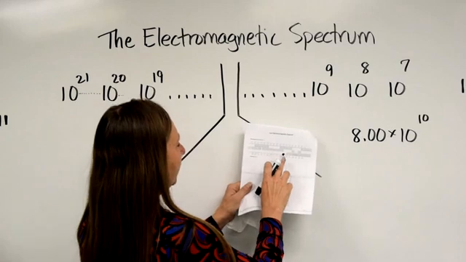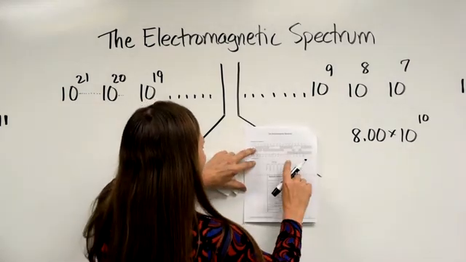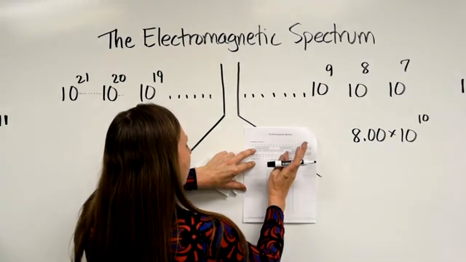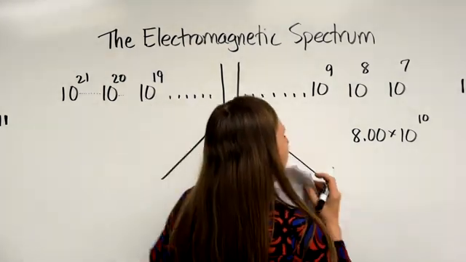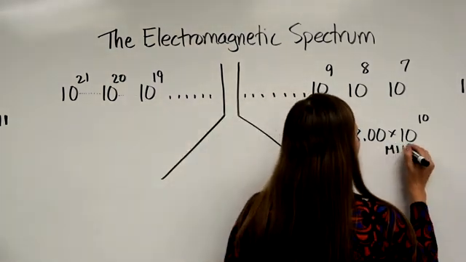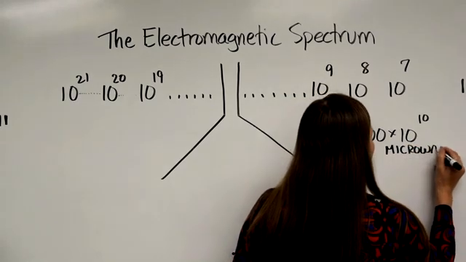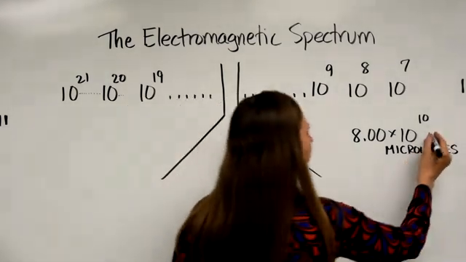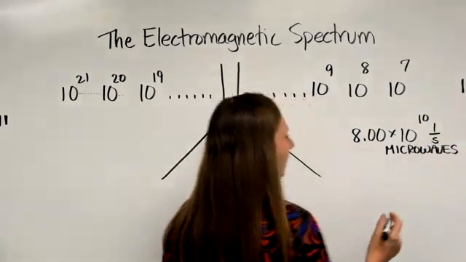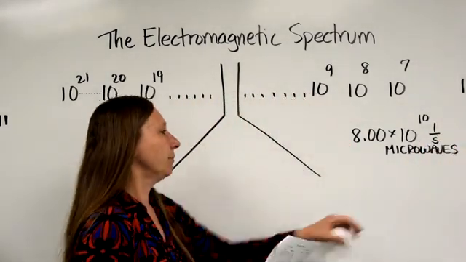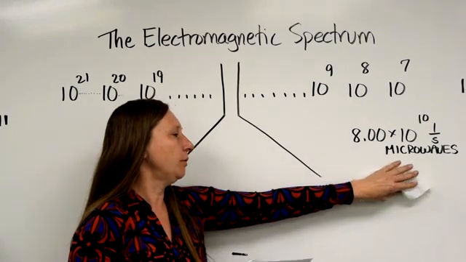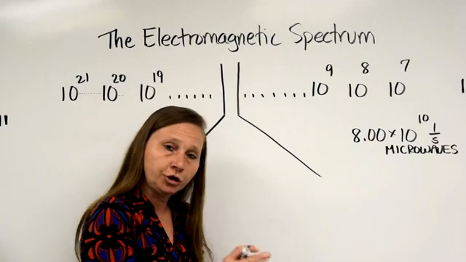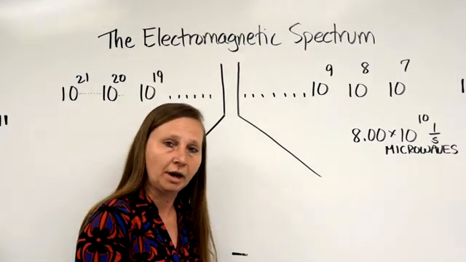If you go to 10 to the 10th, between 10 to the 10th and 10 to the 11th, you go straight up. This is going to be microwaves. Again, you're just looking up the frequency. Remember, the unit for frequency is 1/seconds, or hertz. And that would go for all of the light we've looked at. So that frequency on this chart is identified as microwaves.